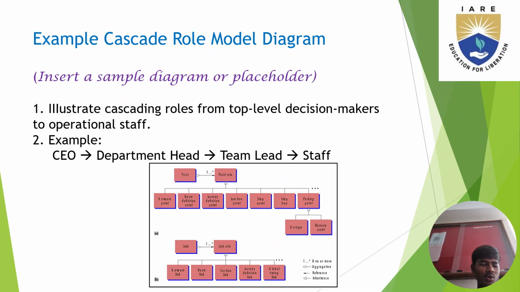We know modeling roles. Modeling roles with a cascade definition involves creating a hierarchical structure where permissions and responsibilities flow down from higher-level roles to lower-level roles. The cascade effect means that a role inherits permissions from the role above it and can pass them on to roles below it, allowing efficient management of access control in systems.